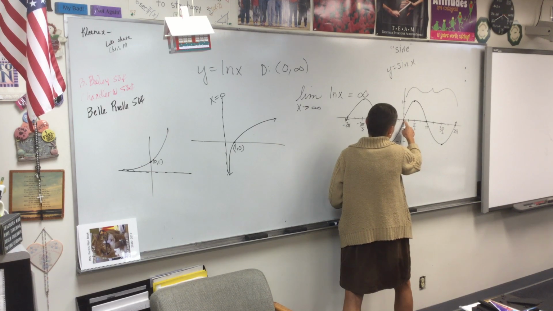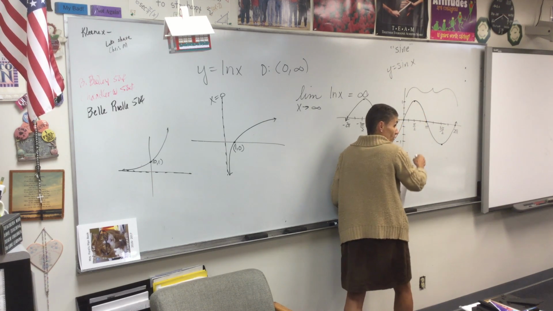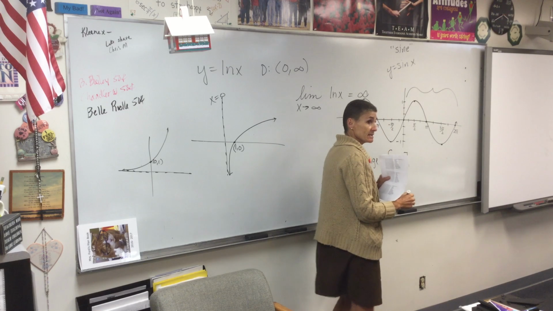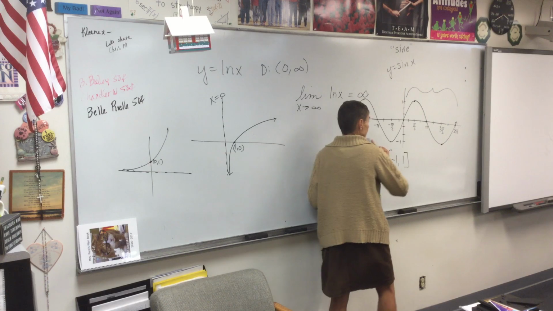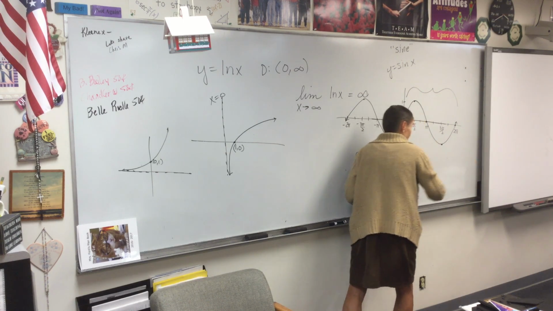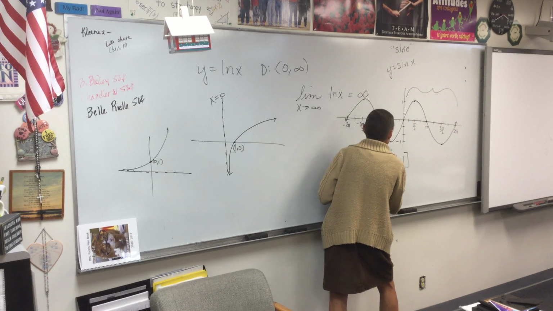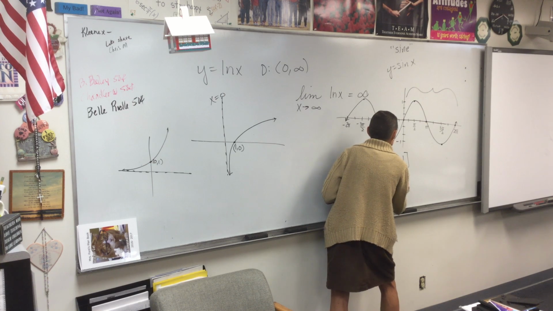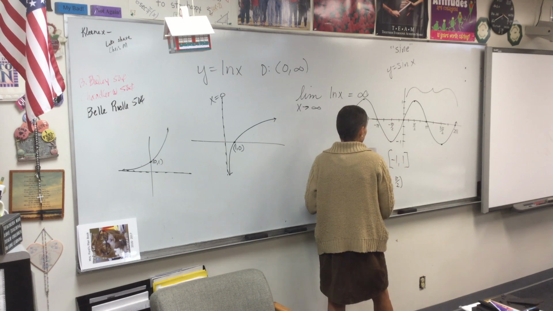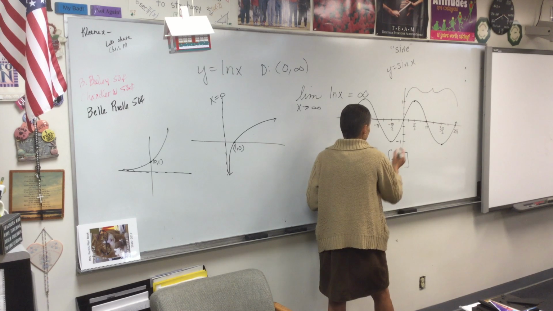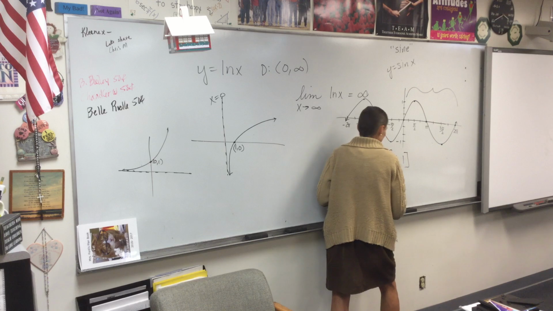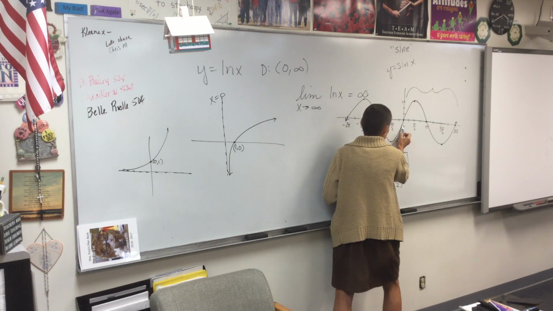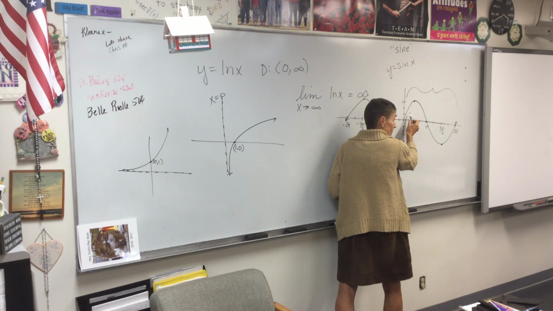We're increasing from 0 to pi over 2. Remember, these intervals are x values. Increasing, decreasing, moving left to right, that's x values. And actually, I'm going to go ahead and include that 0, not to freak you out, but aren't I actually increasing through 0?